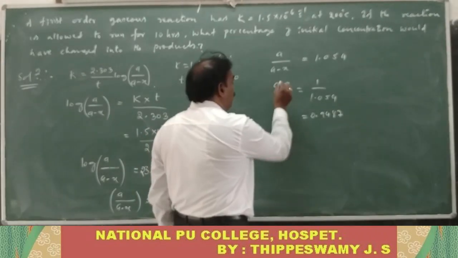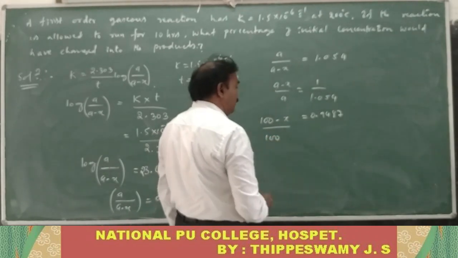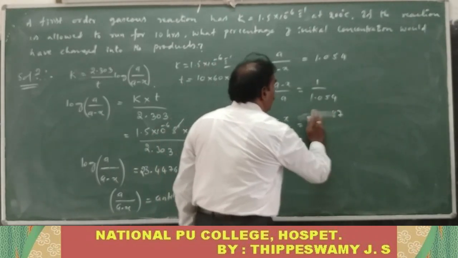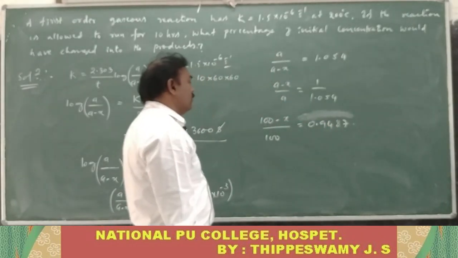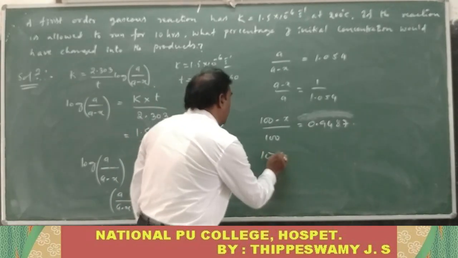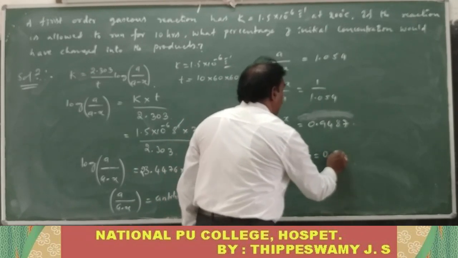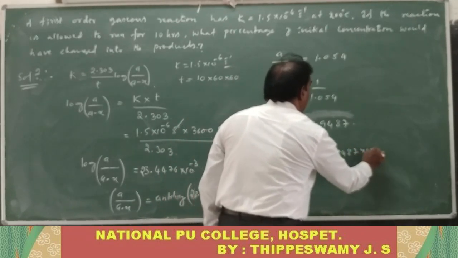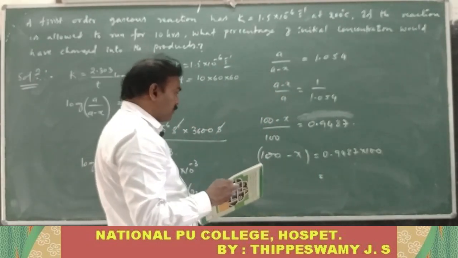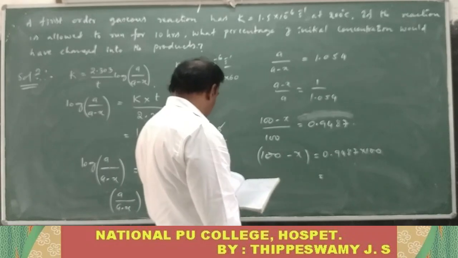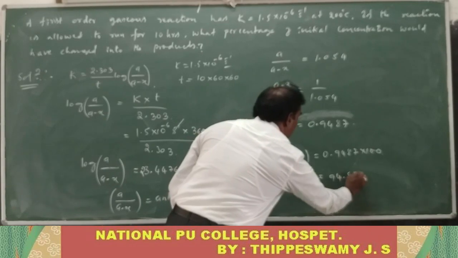So now instead of A we can take 100, so 100 minus X divided by 100 will be equal to 0.9487. Now we can simplify: 100 minus X is equal to 0.9487 into 100. Is it not? So now we are getting 100 minus X is equal to 94.87.